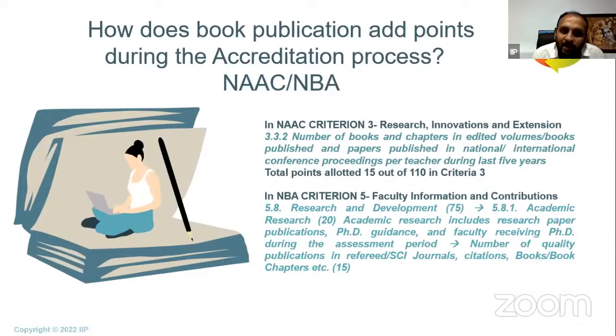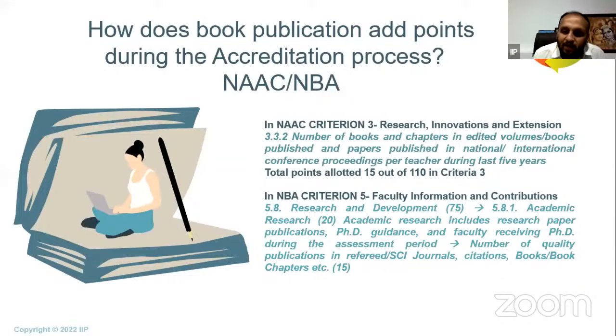In the NAAC accreditation process, under Criterion 3, 15 points are allotted for book publication, and in NBA it is Criterion 5, faculty information and contribution, sub-criterion 5.8.1. Nowadays it is very difficult to publish a paper in an SCI-indexed journal.